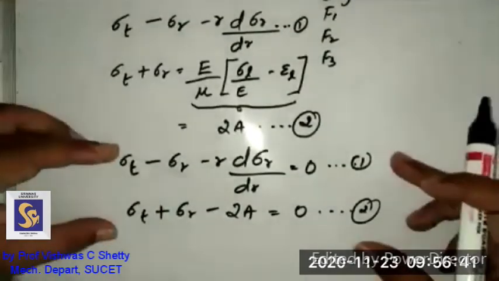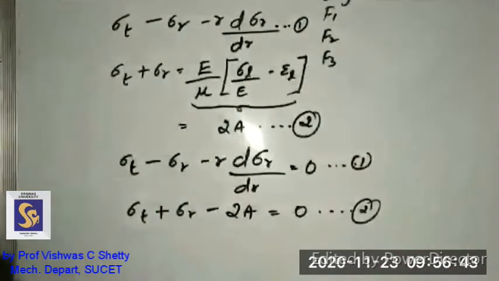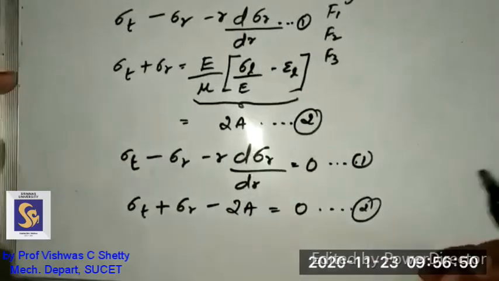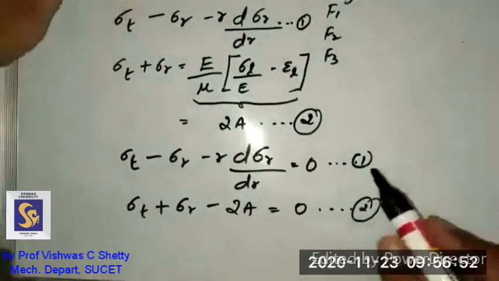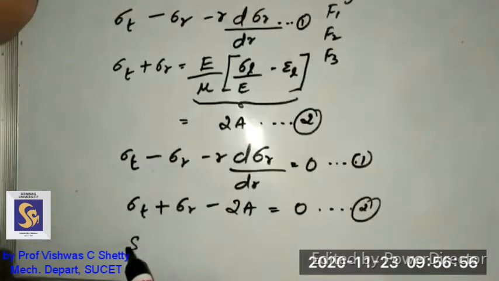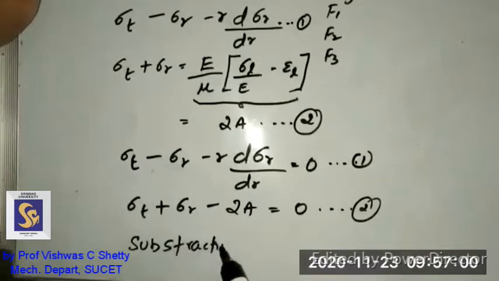Okay, so we have to eliminate some of the terms. In order to do that, what shall we do? We'll subtract equation 2 minus 1.